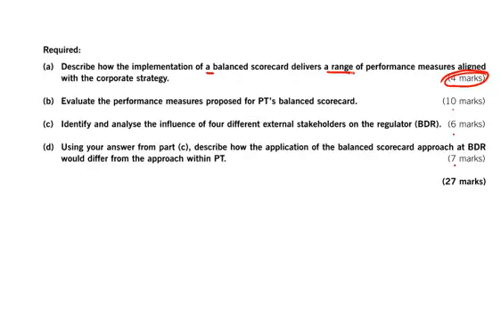And I think it'd be clear if it said aligned with just corporate strategy, but it says the corporate strategy. But further on down, we have got stuff which is very specific here. Performance measures proposed for this particular company and so on. External stakeholders for another organization in here and so on. And I think for 4 marks, what it really wants is a general introduction to what a balanced scorecard does.